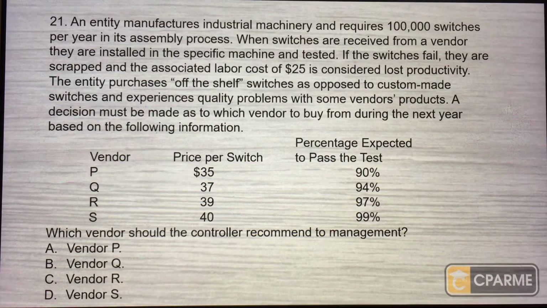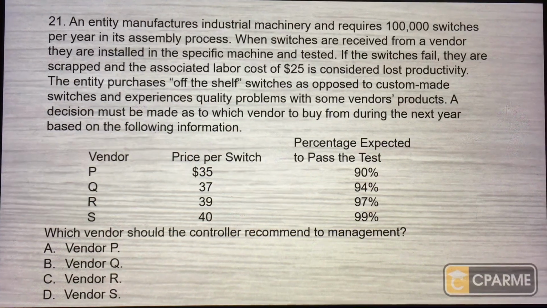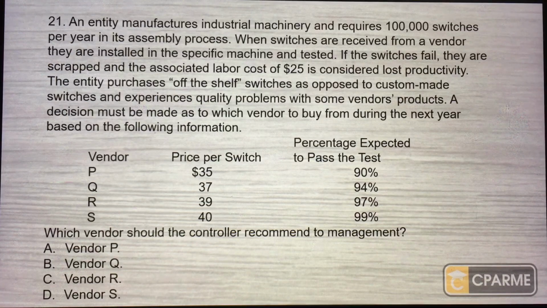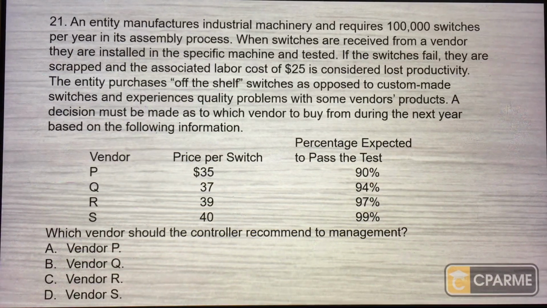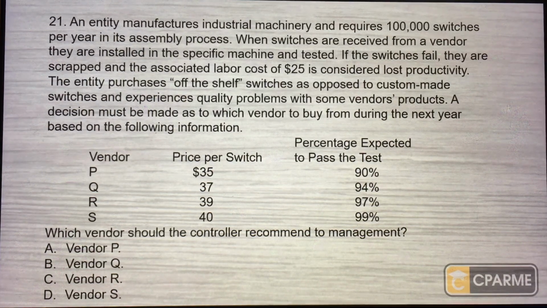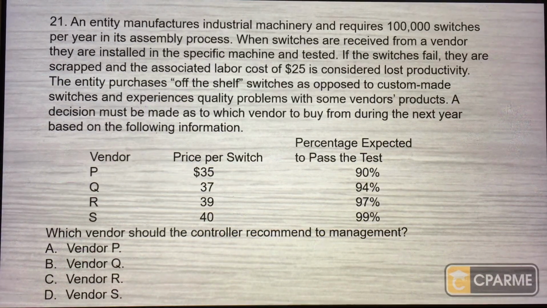Same thing is done for Q, R, and S: 100,000 divided by 0.94, and the excess of 100,000 multiplied by 25; R, 100,000 divided by 0.97, then the excess of 100,000 multiplied by 25; S, 100,000 divided by 0.99, and the excess of 100,000 multiplied by 25. And then the 100,000 each multiplied by 35 for P, 37 for Q, 39 for R, and 40 for S.